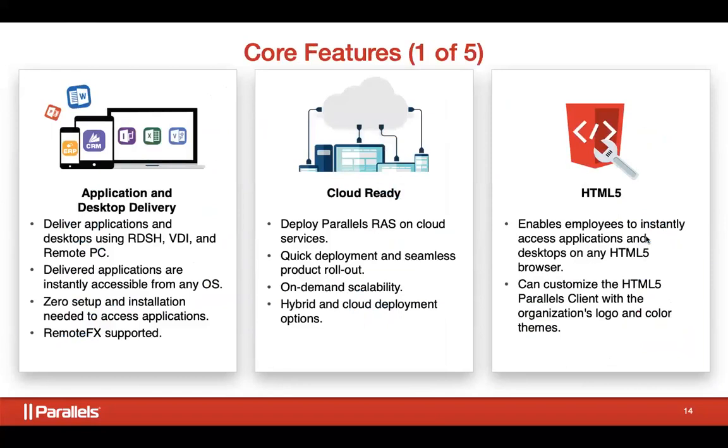So we'll take these functionalities one by one, starting with the main functionality of the solution, which is application and desktop delivery. Using Parallels RAS, you are able to utilize RDSH, the Microsoft protocol, to do session-based application publishing, complete virtual desktop infrastructure publishing, and a remote PC functionality.